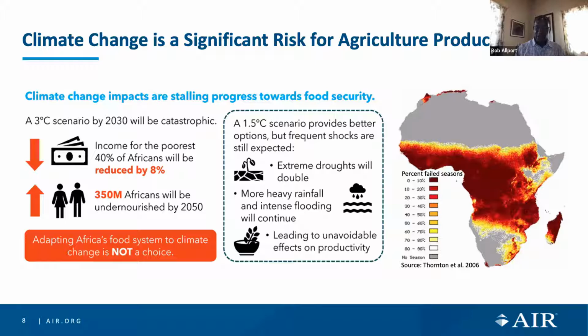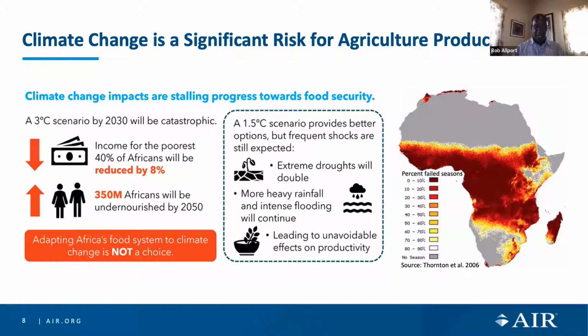Whichever temperature scenario we look at, even the 1.5 degrees rise or the 3 degrees rise, the frequency of shocks that include drought and the intensity of flooding are expected to increase in the Sahel region, the Greater Horn of Africa, and even Southern Africa, as depicted on the map you are seeing, produced by Thornton and his co-workers in 2006, which shows the percentage of failed seasons.